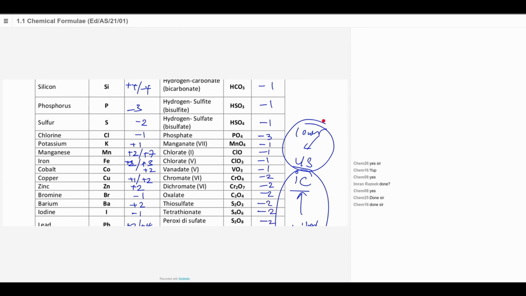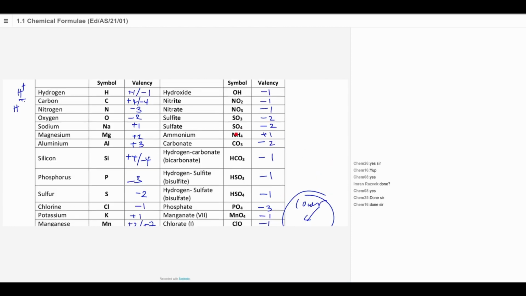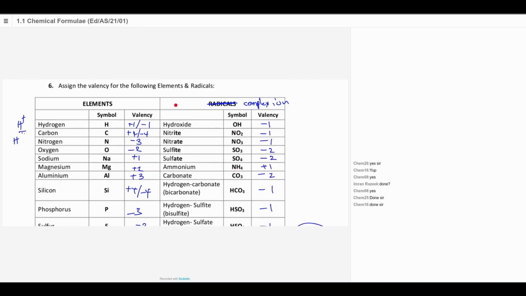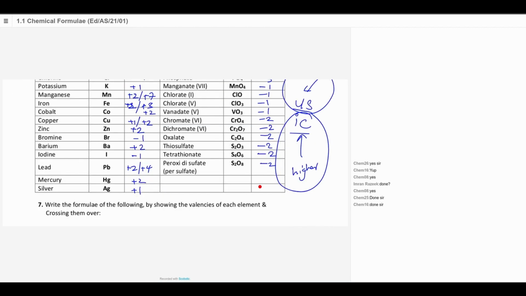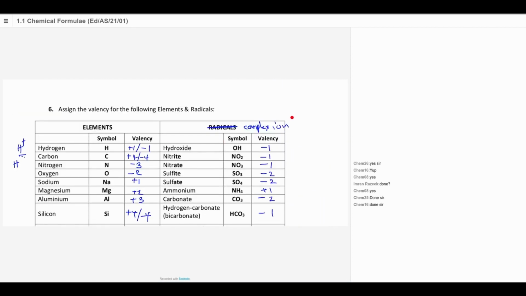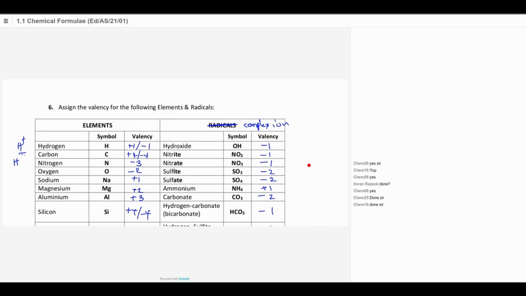Now the question arises, how do we know the valencies of radicals or complex ions? For elements we know, right? When it comes to radicals, about 16, 17 radicals, about 12 or 13 you already know from your O levels, up to permanganate. But you have to remember there are no shortcuts for certain radicals.